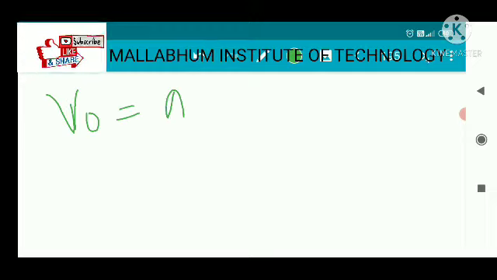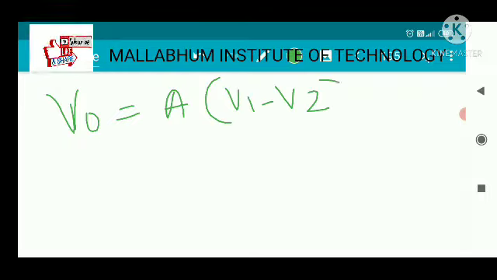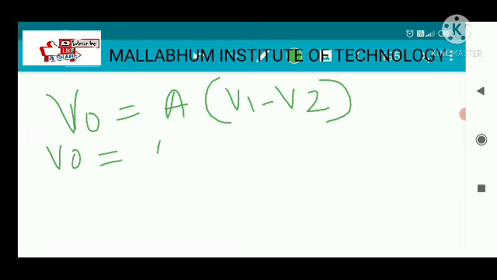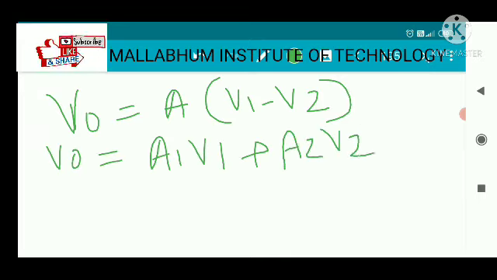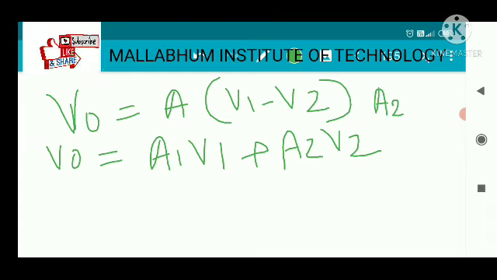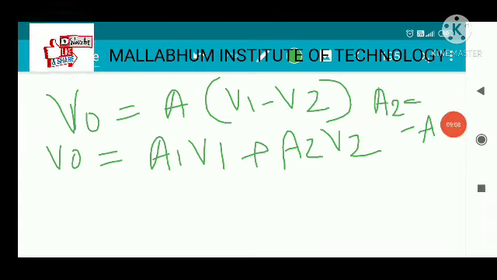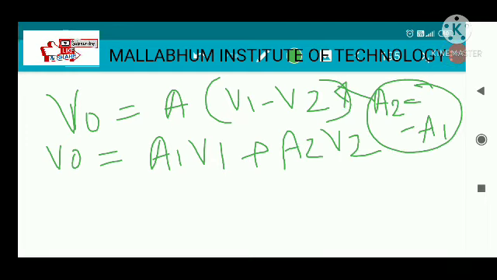The output voltage is supposed to be A into (V1 minus V2). This is our theoretical case. But in practice, I am writing the equation: V0 equals A1 V1 plus A2 V2. If A2 is minus A1, then this equation will be valid.